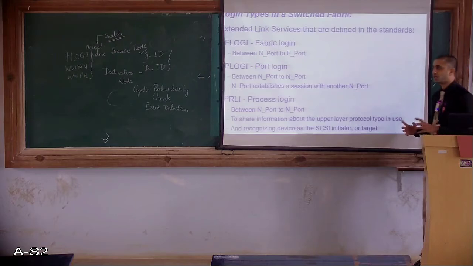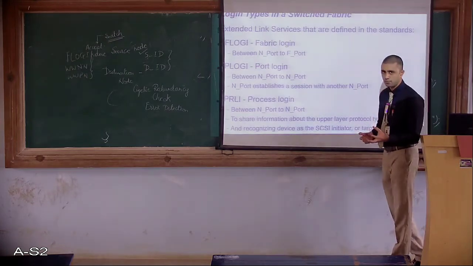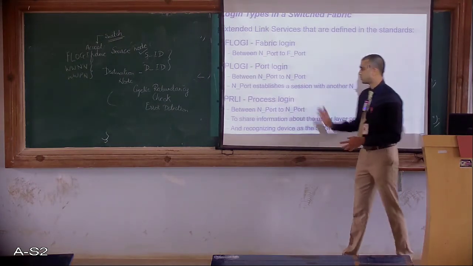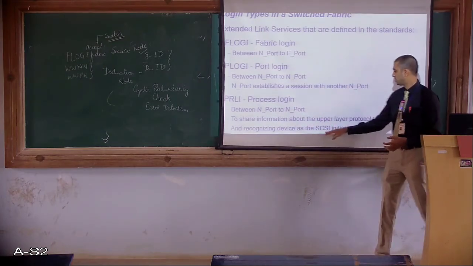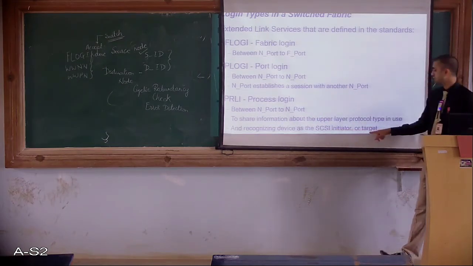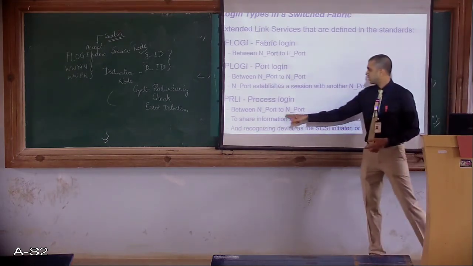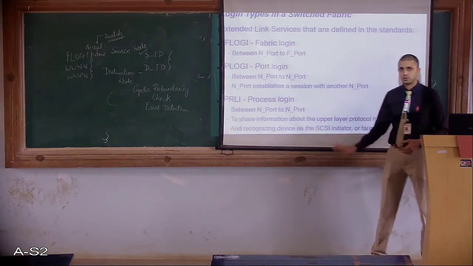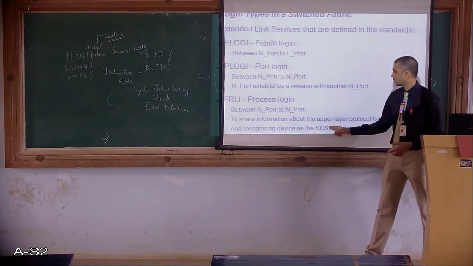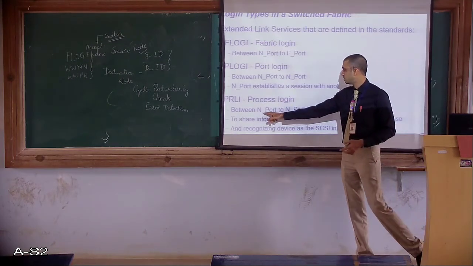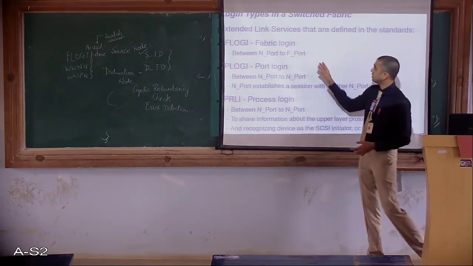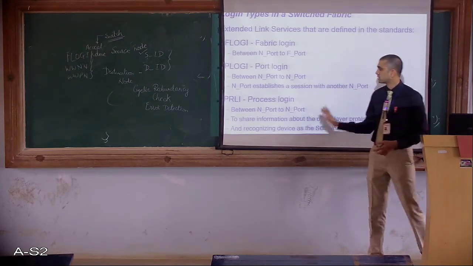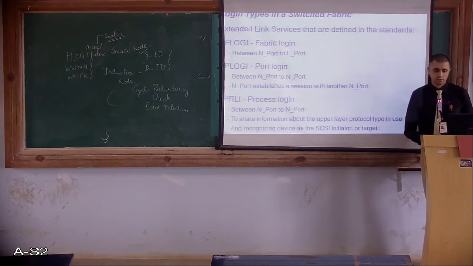So to share information regarding these upper layer protocols, it is called process login. If an N port wants to share information about this SCSI initiator, then process login is used. So this upper layer protocol information is exchanged between one N port and another N port. So these are the different types of logins available for a fiber channel.